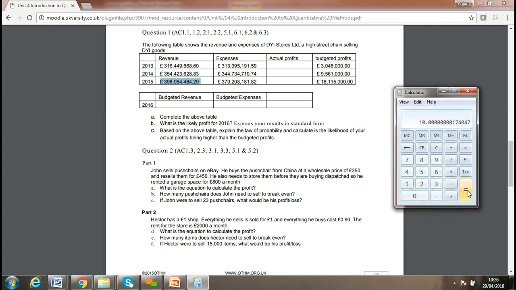How much was it previously between 2013 and 14? It was 9 point something, I think you rounded off to 10%. So it means our expenses are increasing at the same rate.